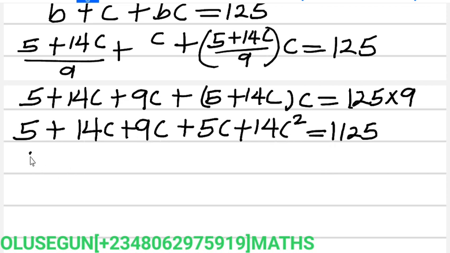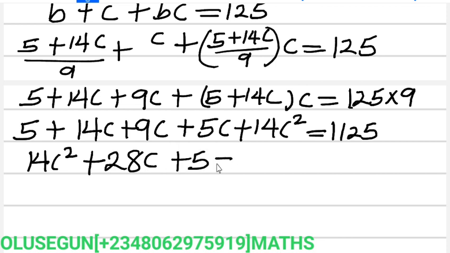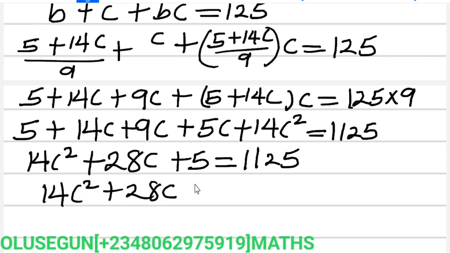First, let's put 14c squared here. Now 14c plus 9c plus 5c, making 14 plus 14 give us 28c plus 5 is equal to 1125. So 14c squared plus 28c plus 5 minus 1125 is equal to 0.